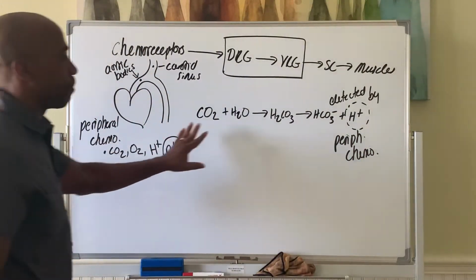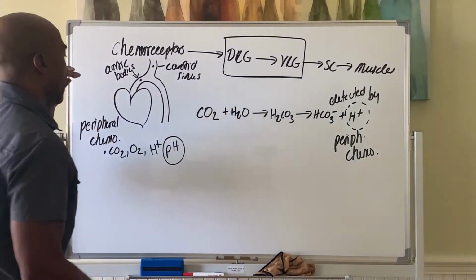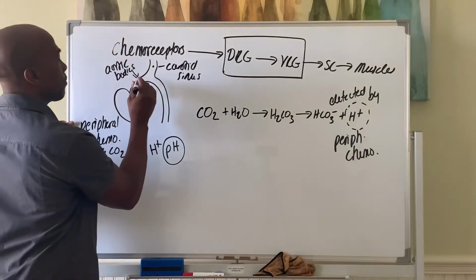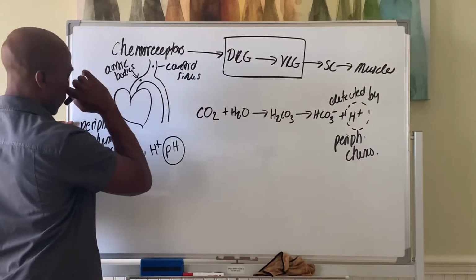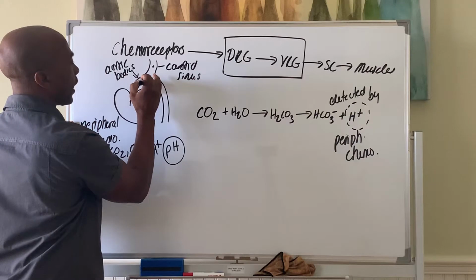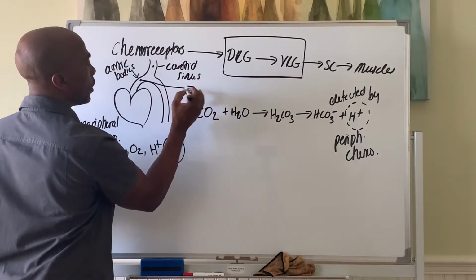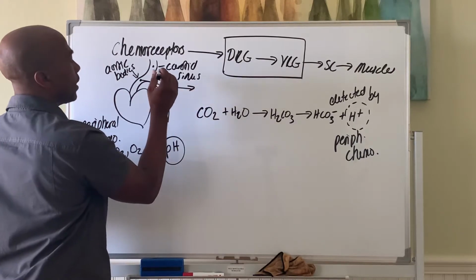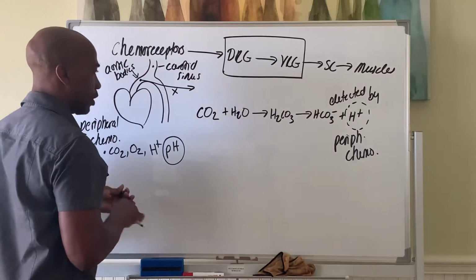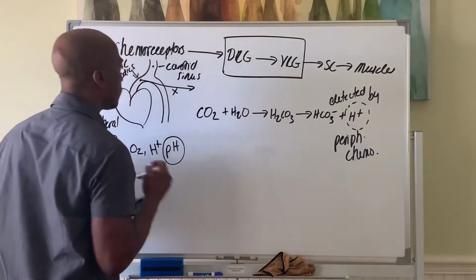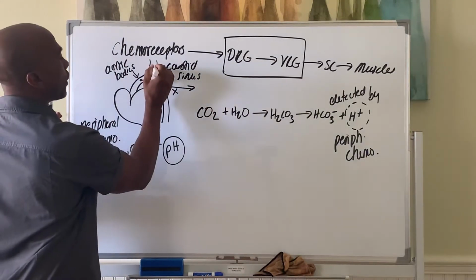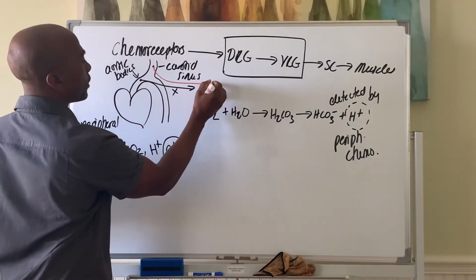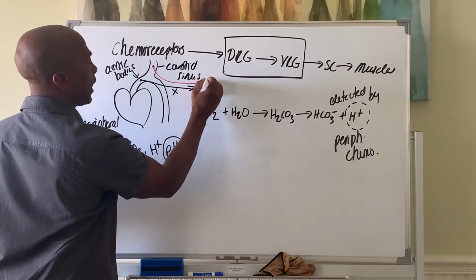Once these peripheral chemoreceptors detect it, the ones in the aorta will send the information in through cranial nerve number 10. The ones here will send theirs in through nerve 9.